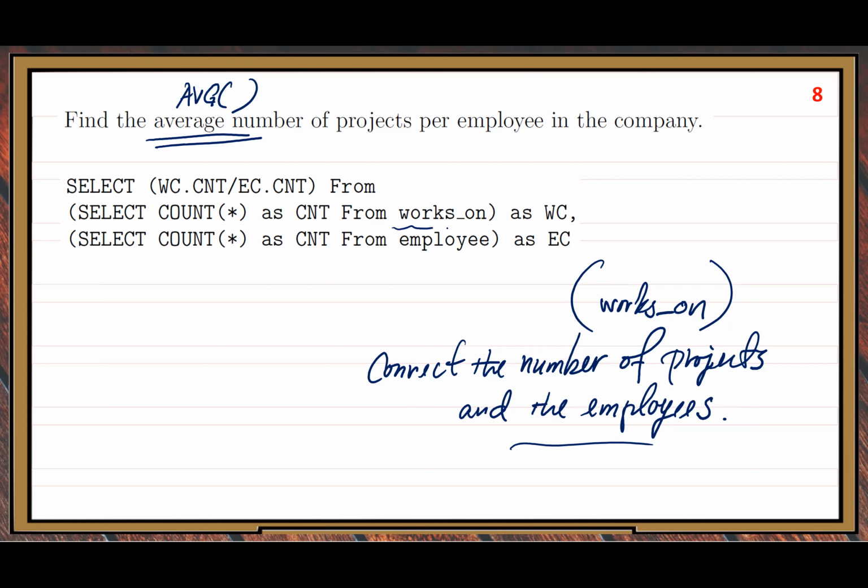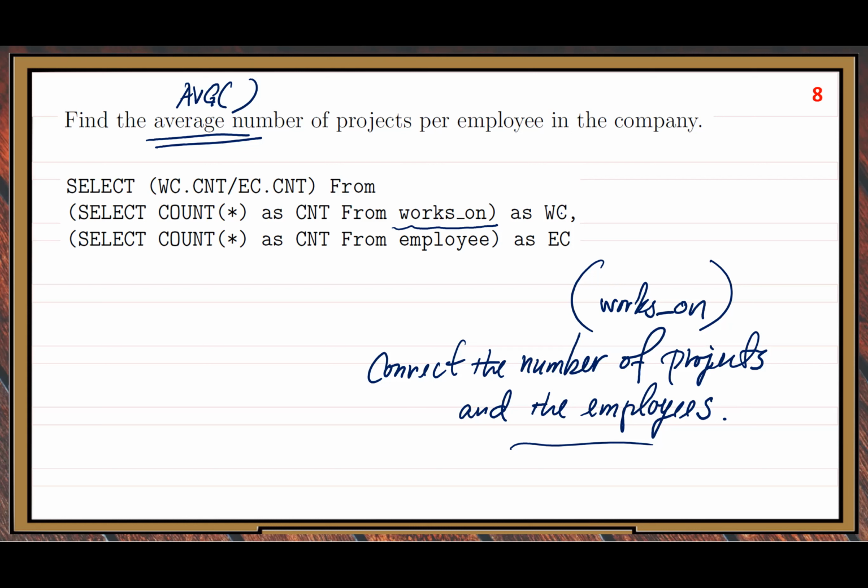From the works on table, we count the number of rows, because each row represents a project counted with respect to one employee. What's the meaning of one row in the works on table? For each employee, one project that is worked by this employee.